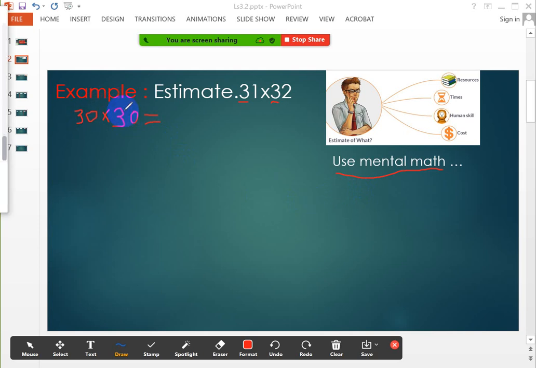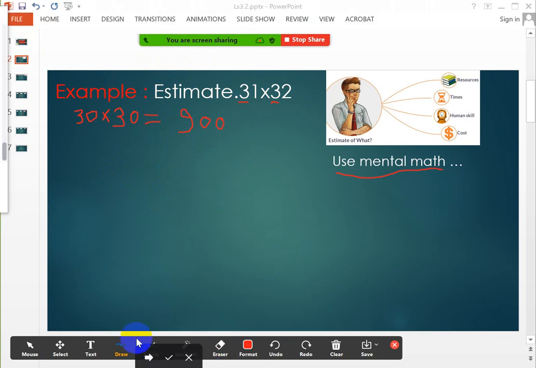So 3 multiplied by 3 equals 9. And put 2 zeros next to the answer, so the estimate is 900. So I can find the estimate by using rounding.